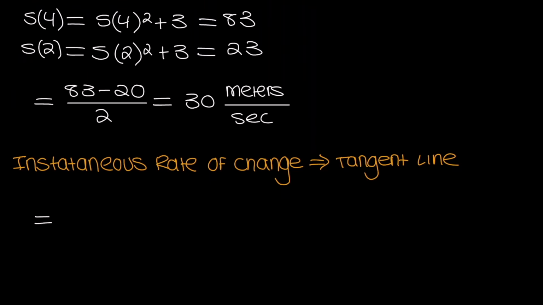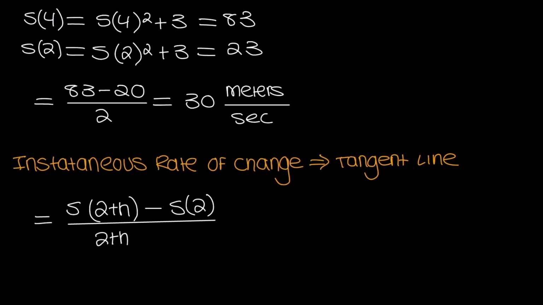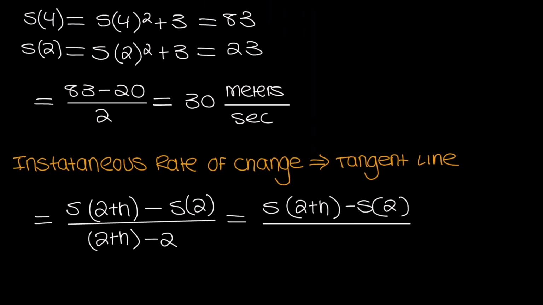So I'm going to say that I want to be different by some h. And we talked about h last time. It's just a small distance between 2 points. So now we can do 2 plus h minus 2, which just simplifies to h over h, to keep it simple. And now we can solve.